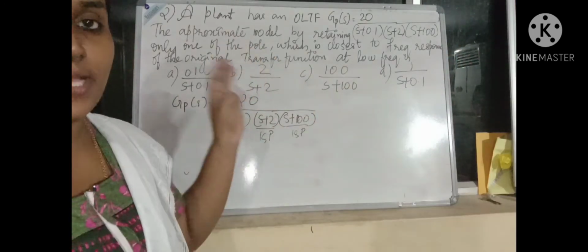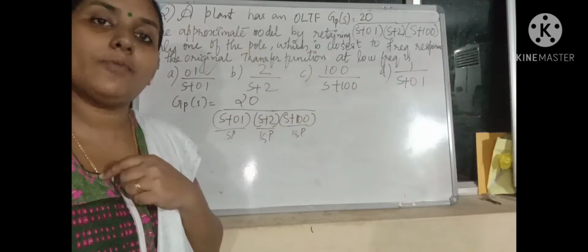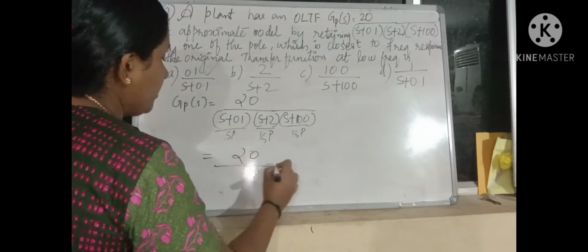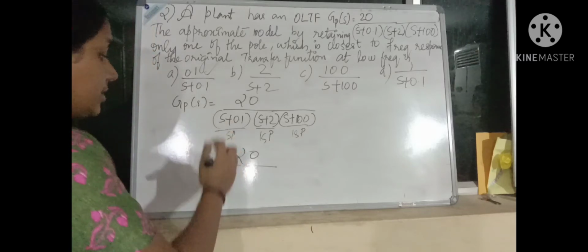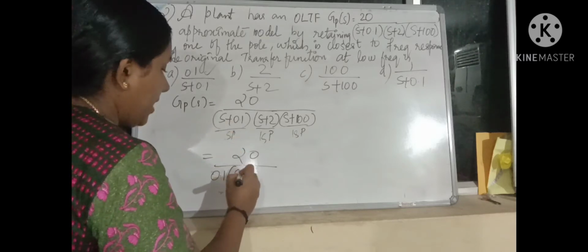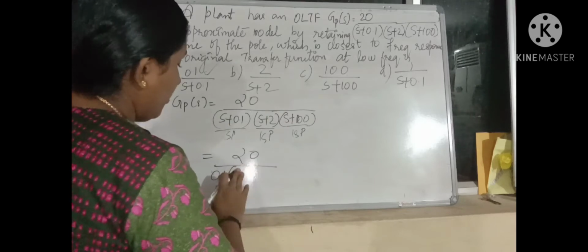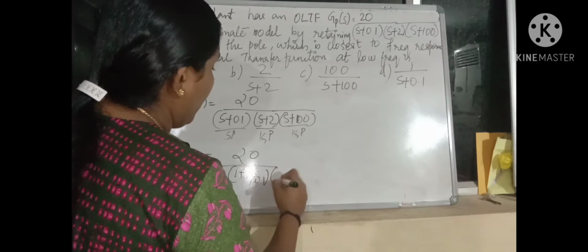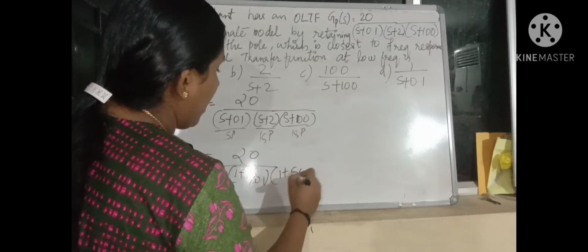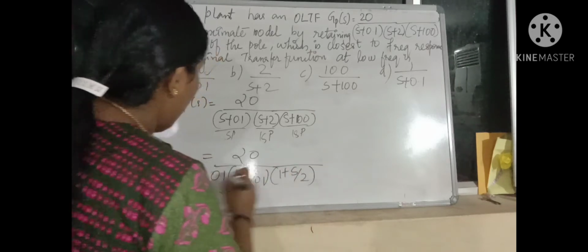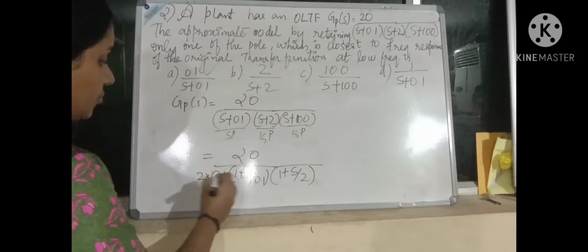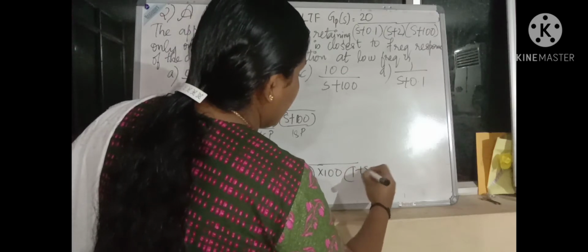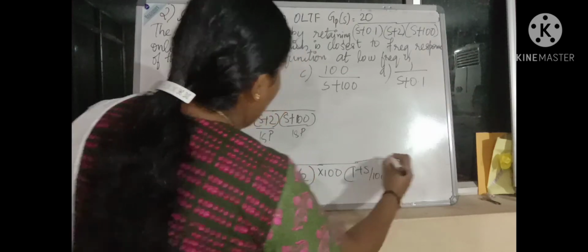The answer for this question can also be found using the time constant method. This can be written as, just take out the constant values, that is 0.1 from each and every pole. So we get S by 0.1, into 1 plus S by 2, into 1 plus S by 100, right?